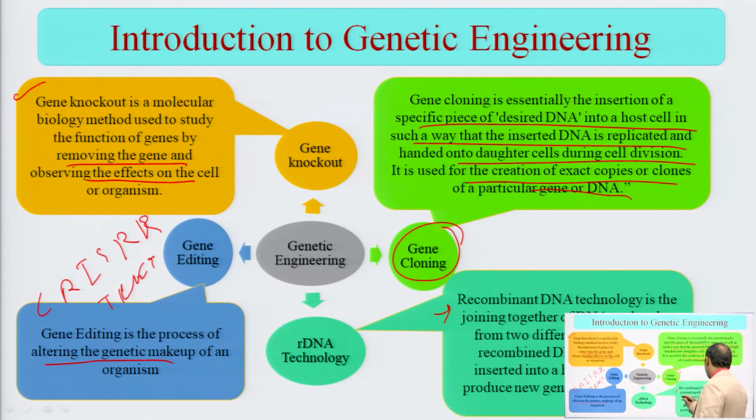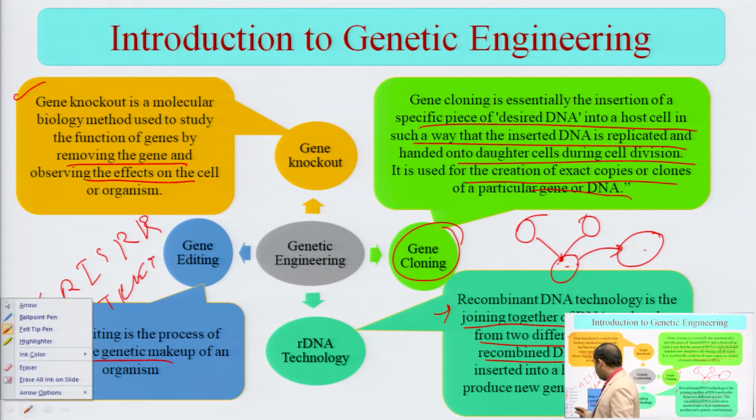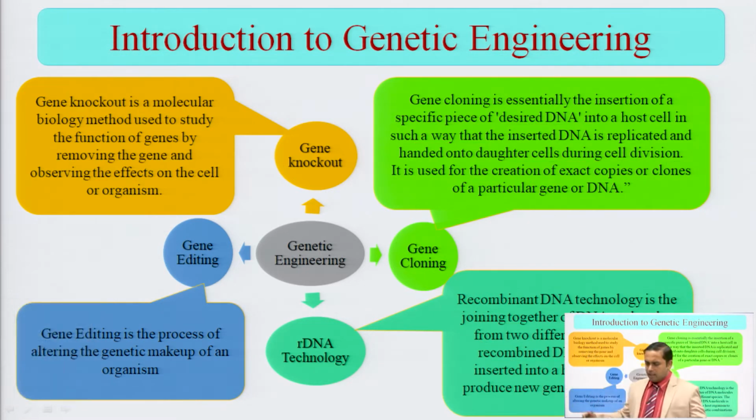It is a technology of joining together DNA molecules from two different species. You have one species, you have another species, you join the DNA of the two different species and make a new combination, recombinant DNA. This will be inserted into a host organism to produce the genetic combination. Okay. This is something about our genetic engineering's entire landscape.